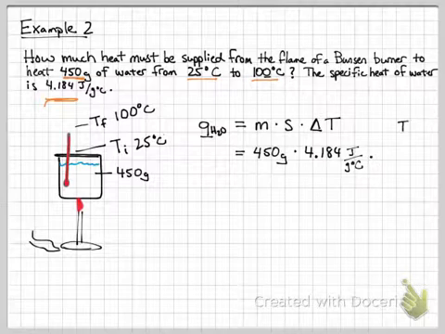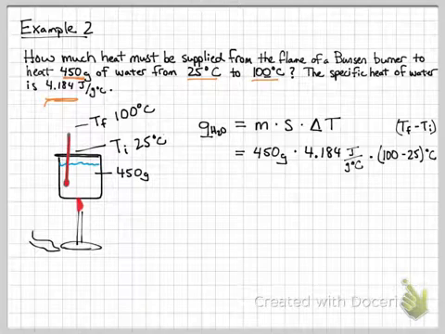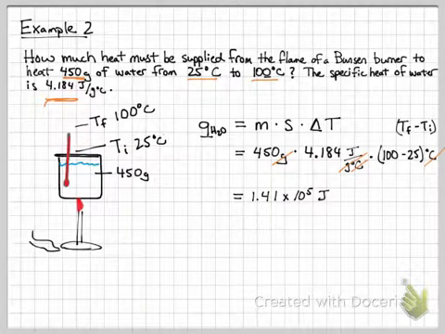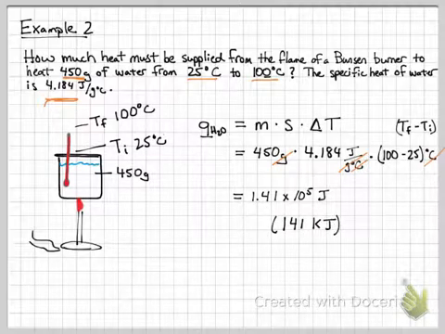And the change in temperature, which is always T final minus T initial, is 100 minus 25 degrees Celsius. Canceling units, we're left with joules, specifically 1.41 times 10 to the 5th joules of energy required to heat the water by that temperature change. And this is 141 kilojoules.